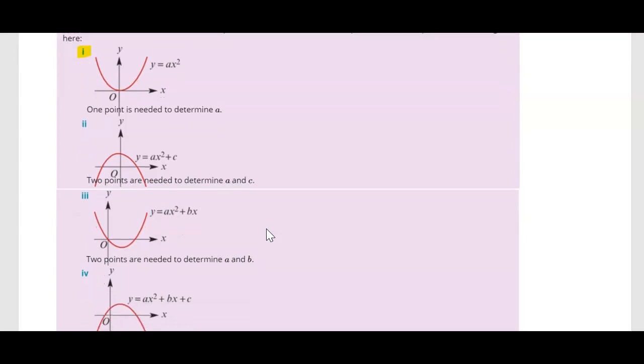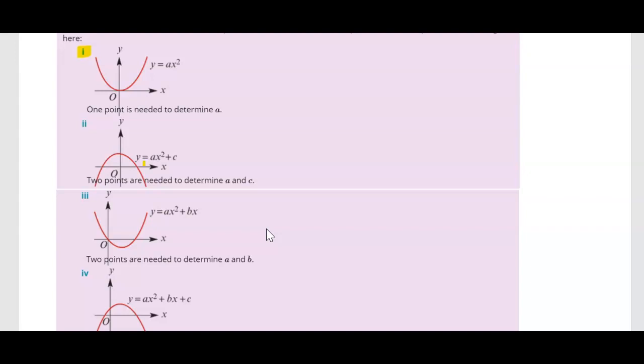For the next scenario, 2 points are needed to determine a and c. Here we have a negative parabola. It's just been shifted up, so you can see the transformation there. We can see it's been shifted up, but it hasn't been shifted left or right.